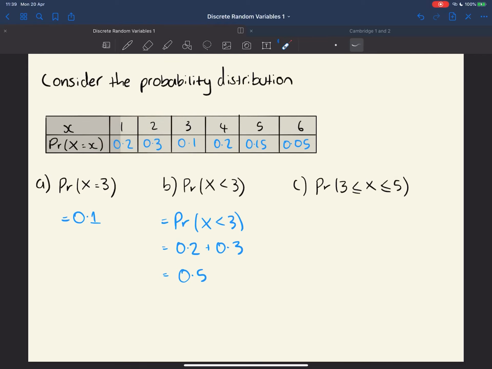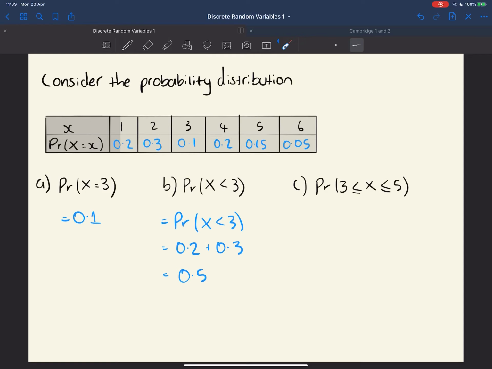What about the probability of our variable being, this is a bit of a weird one, greater than or equal to 3 and less than or equal to 5. So basically in between, but including 3 and 5.